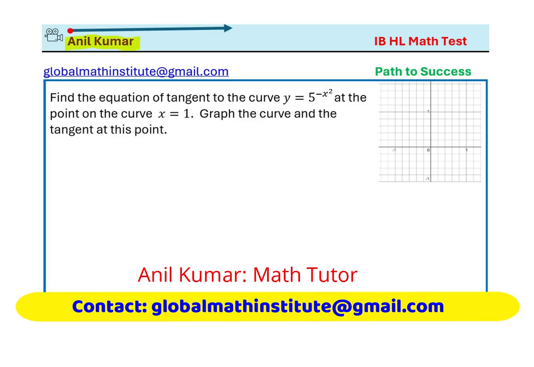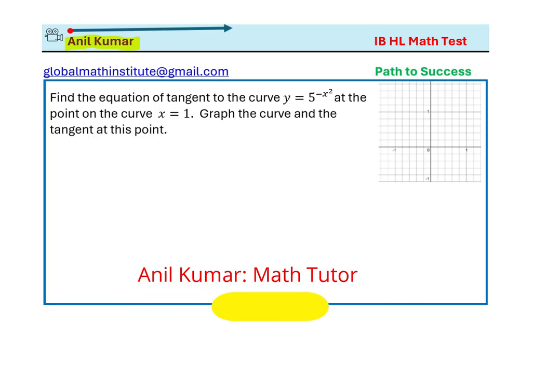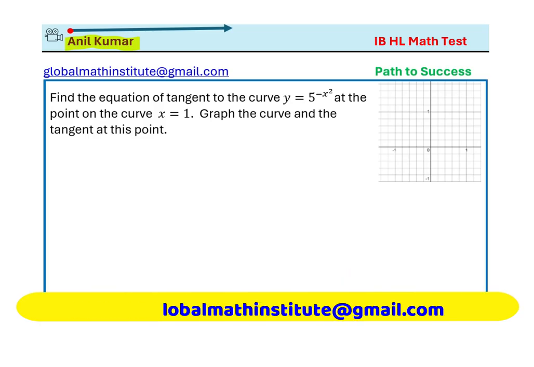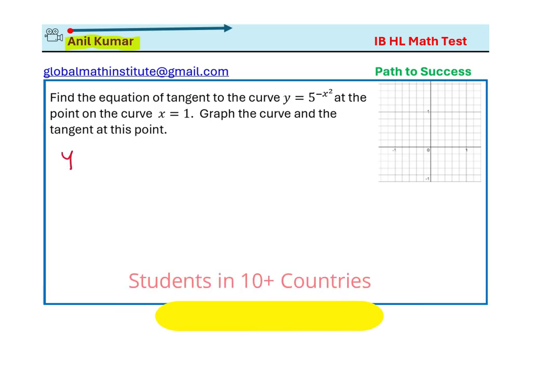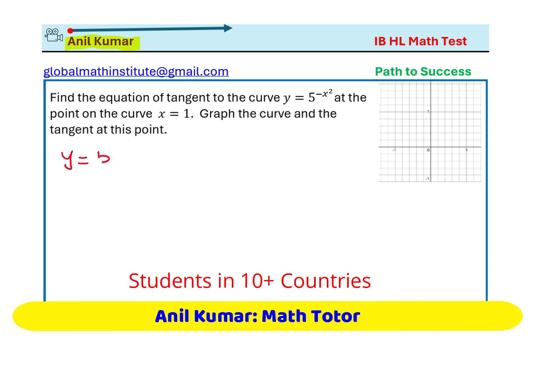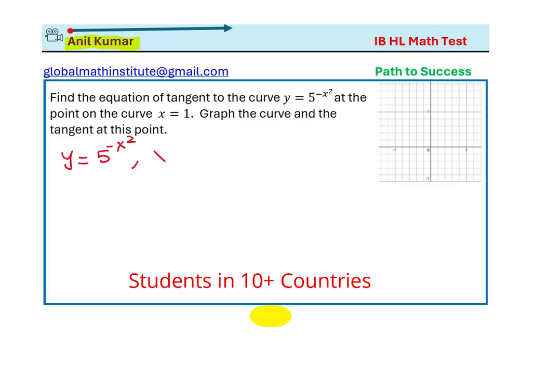Now let's begin with the solution of this problem. We are given a function y equals 5 to the power of minus x squared, an exponential function. At the point x equals 1, we need to find the equation of the tangent line.